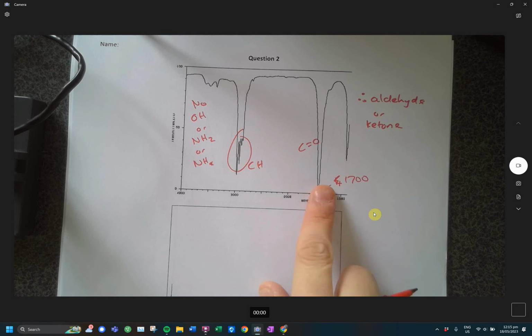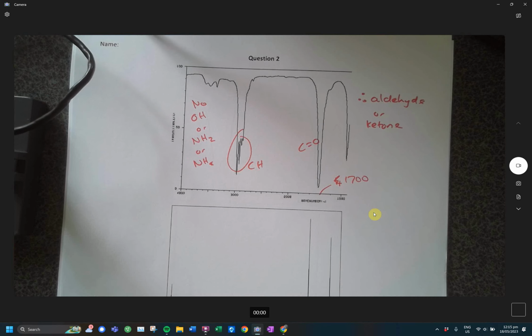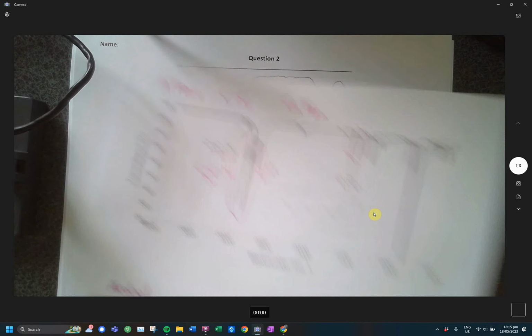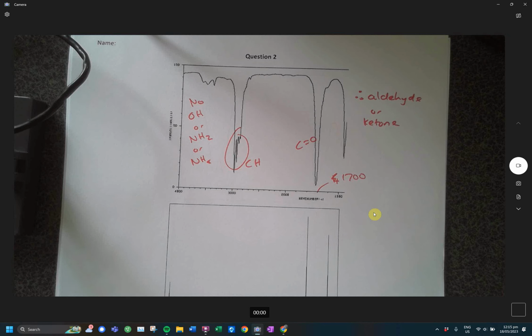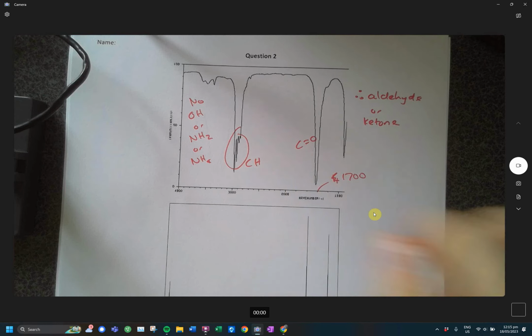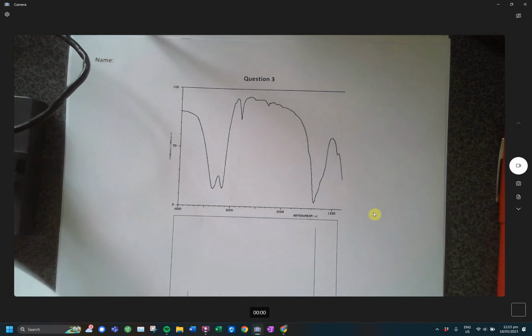So this one here, you see how deep that trough is compared to an alkene. Let me find that alkene. Oh, here it is. It's nowhere near as deep. Also, if I gave you an alkene, I would give you some hint to it because it's really hard to see it on a spectra.